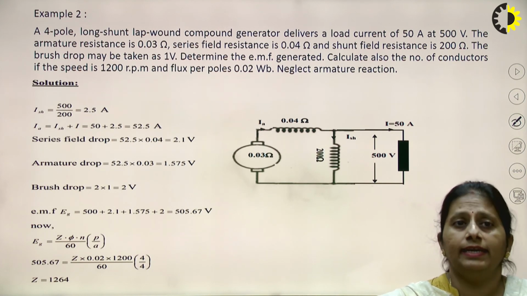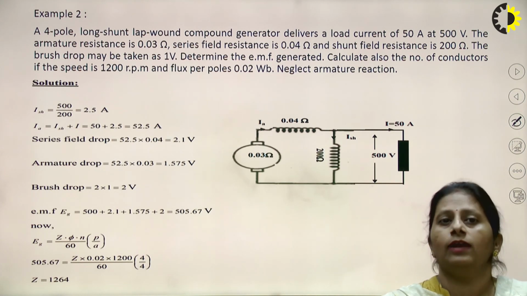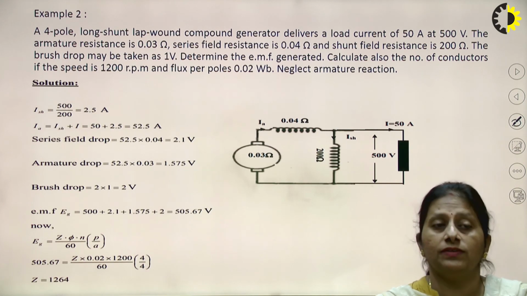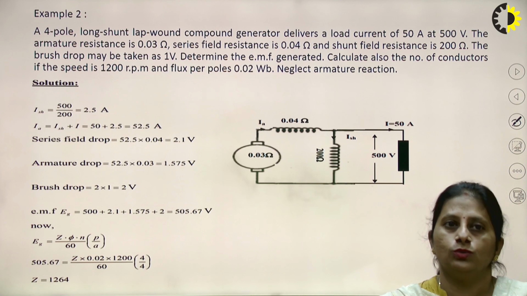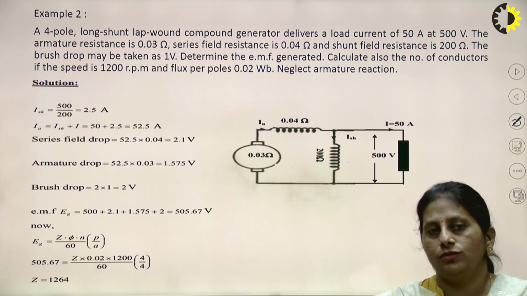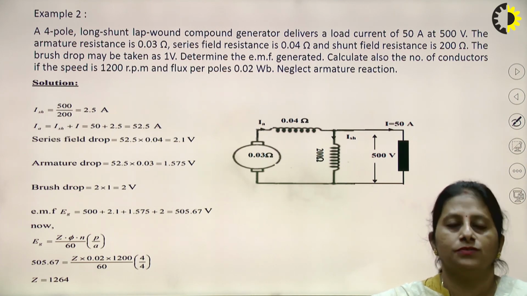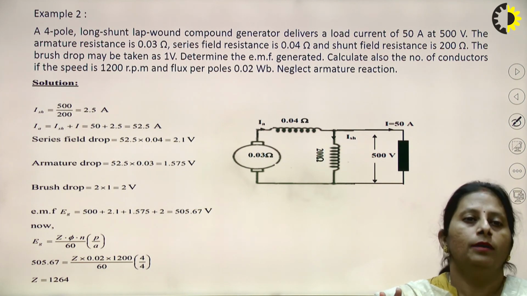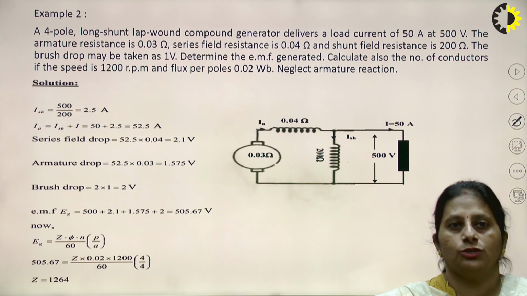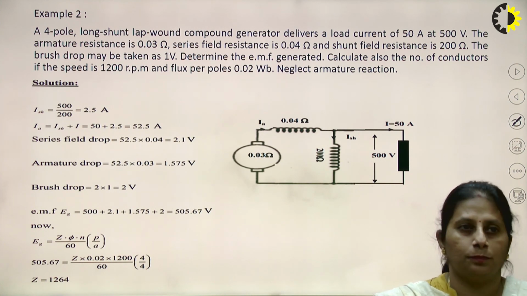Determine the EMF generated. Calculate also the number of conductors if the speed is 1200 rpm and the flux per pole is 0.02 Weber. Neglect the armature reaction; the equations we are considering right now are derived by neglecting the armature reaction and armature reaction drops, right?